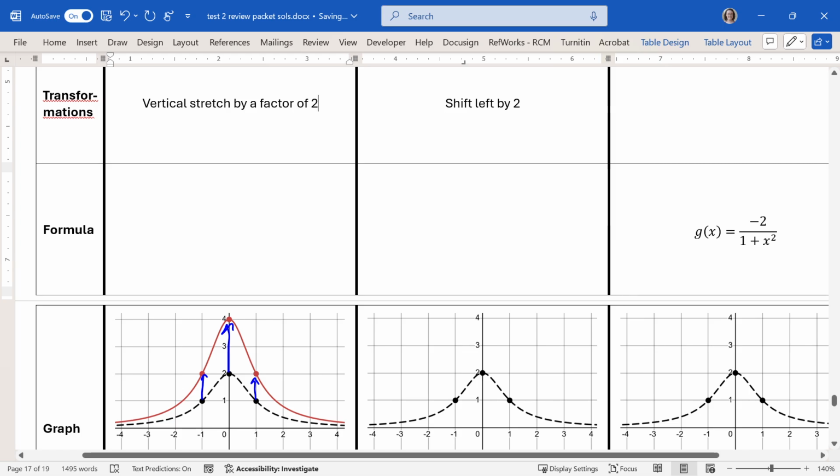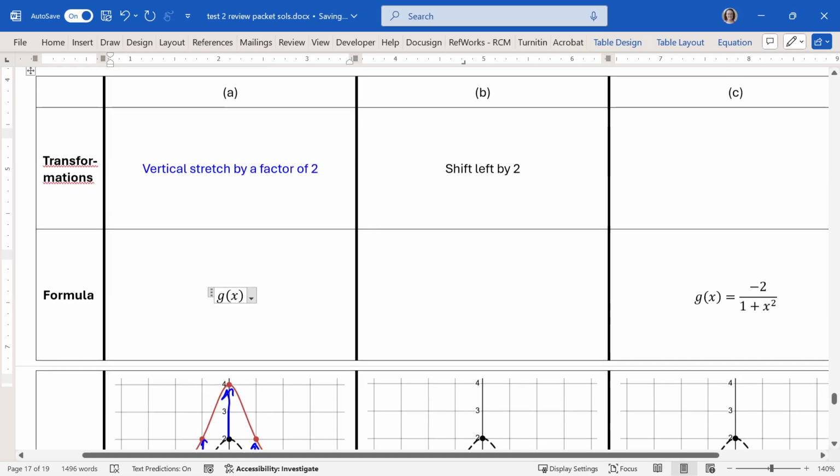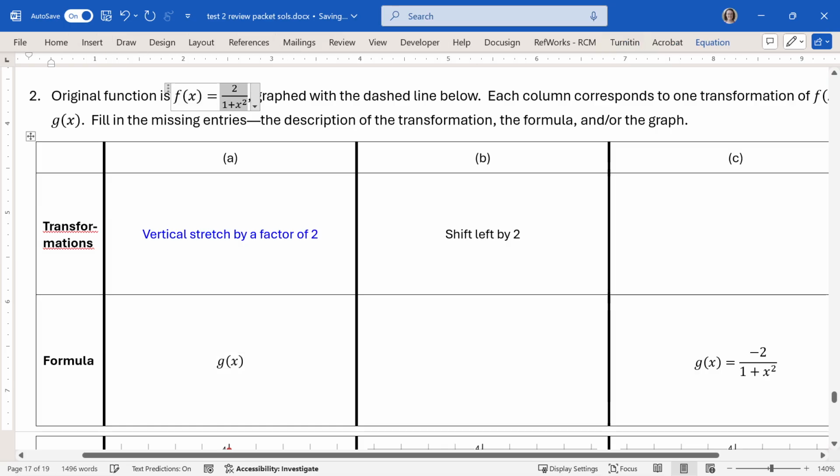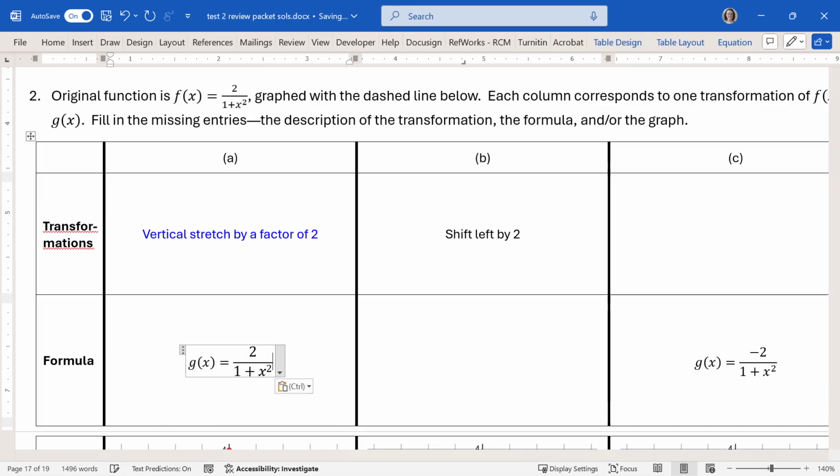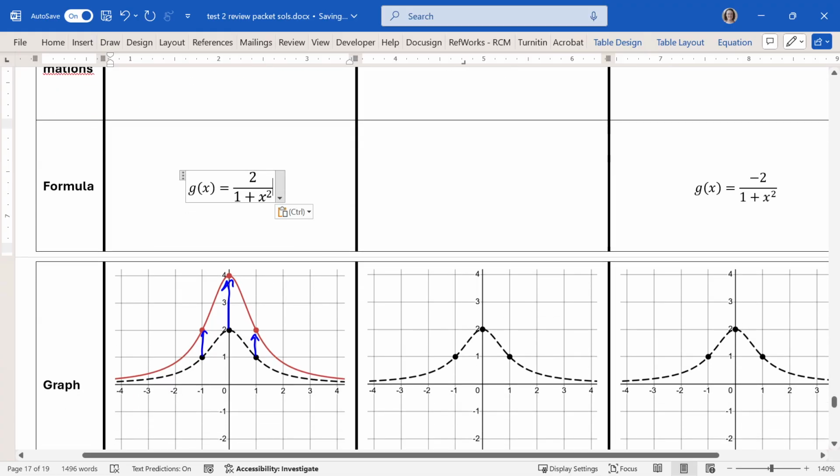Okay. And so now how do you write the formula for that? So our formula here, let me start with the original formula, which was this. Okay, so it's a vertical change. So whatever change we do is going to be on the outside of the function, to the whole function. And then it's stretching, so we're going to multiply by a number for stretching.